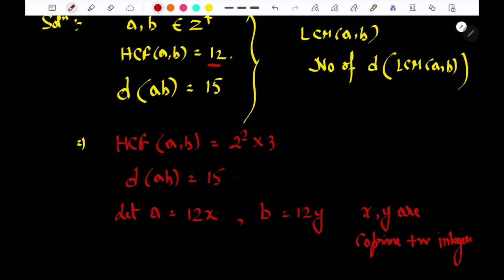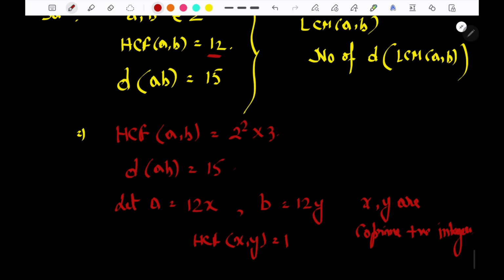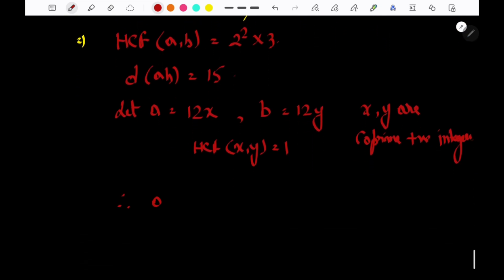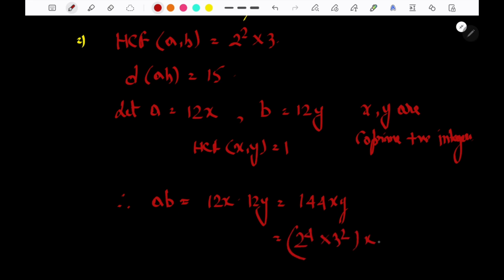It means the HCF of x, y is equal to 1. Now therefore, AB will be 12x into 12y, that is equal to 144xy, which is again equal to 2 to the power 4 into 3 square into xy.